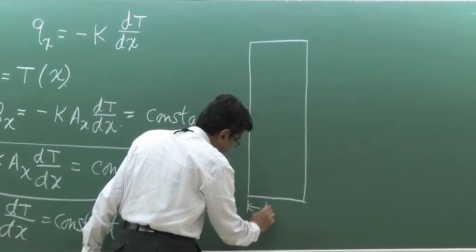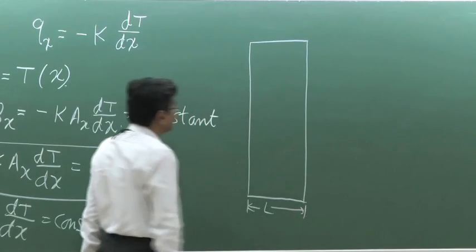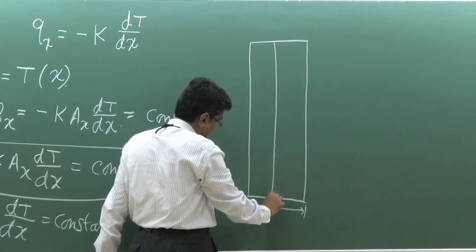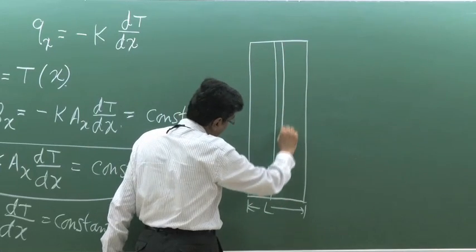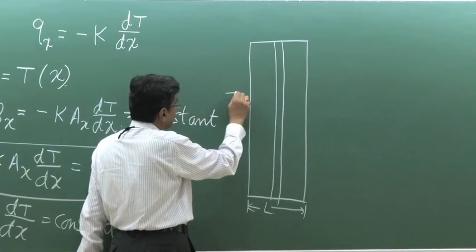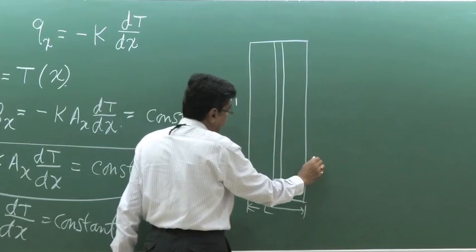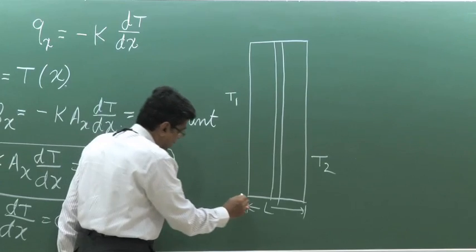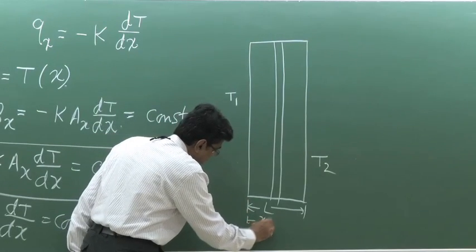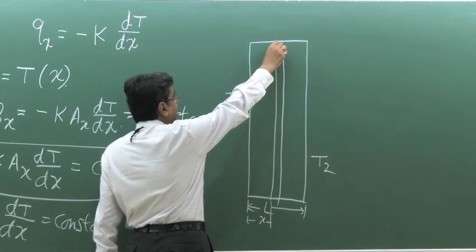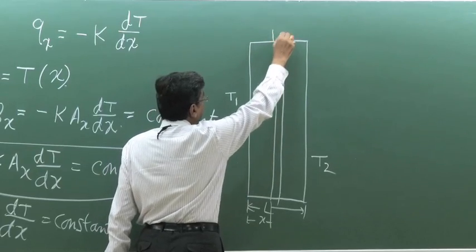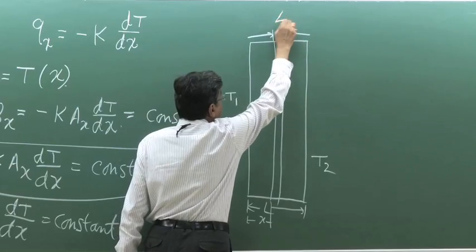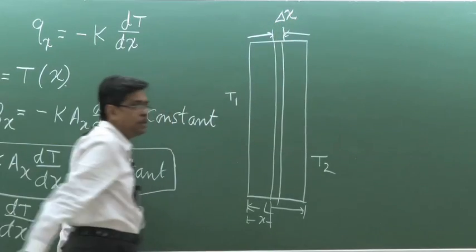In a separate diagram I am showing you that if you take a small elemental volume within the wall, which is kept at T1 and T2, at a distance x, I take a small element of length delta x.